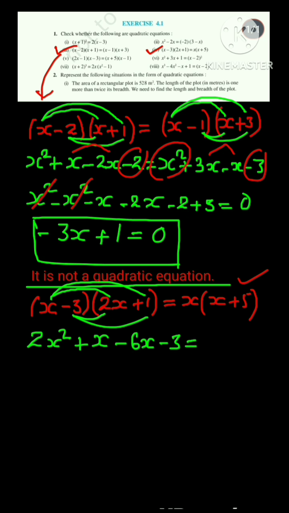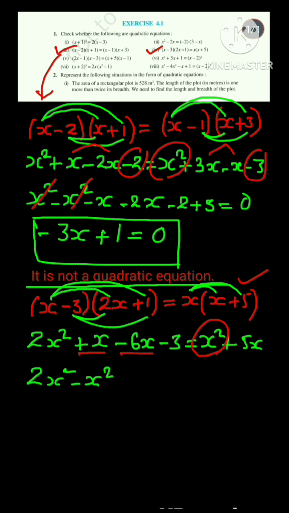Similarly in RHS, x into x square, plus into plus is plus, x into 5x. Now let's arrange 2x square, and this plus x square comes to LHS and becomes minus x square, and here plus x and minus 6x.